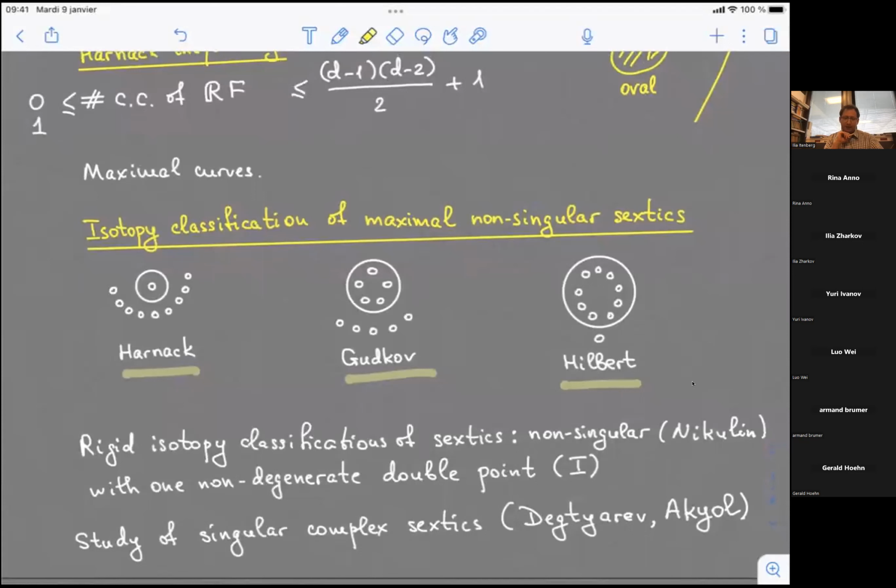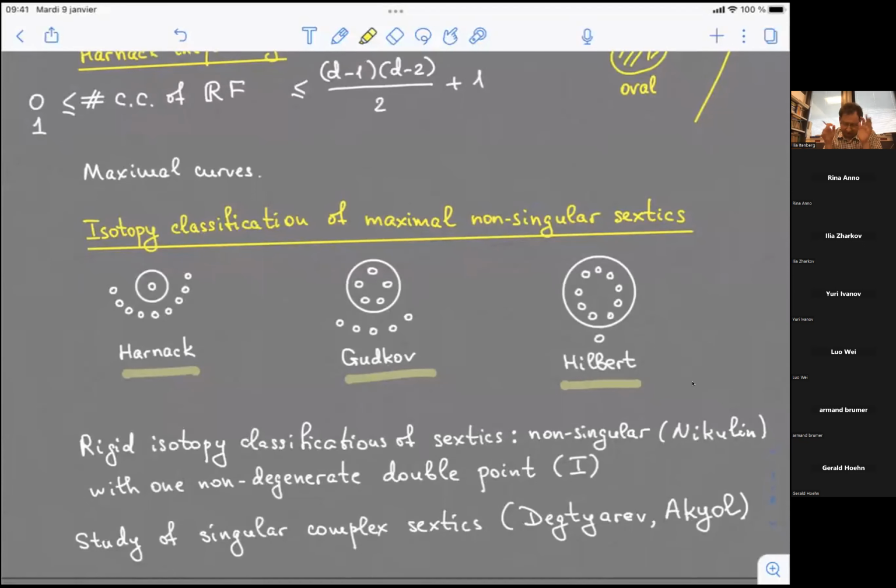It's not very interesting to classify non-singular complex sextic curves up to rigid isotopy, because the complement of the discriminant in the space of complex sextic curves is connected, but one can study singular complex sextics up to equisingular deformations, and this was done by Degtyarev and Degtyarev, once again using the machinery of K3 surfaces.